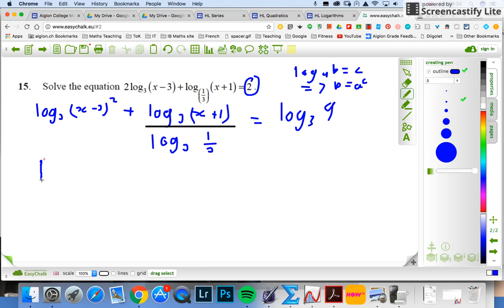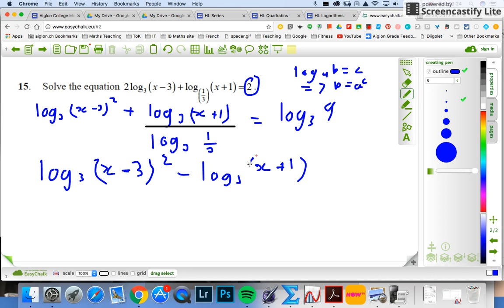So what I've done here is I've got log base 3 of x minus 3 squared. Now, because the bottom of this is minus 1, it becomes minus log base 3 of x plus 1. And keeping this as log base 3, so we've got log base 3 of 9. Now, there's a log rule here, which means if I take away one log from another and they're the same base, I can just write that as a division.